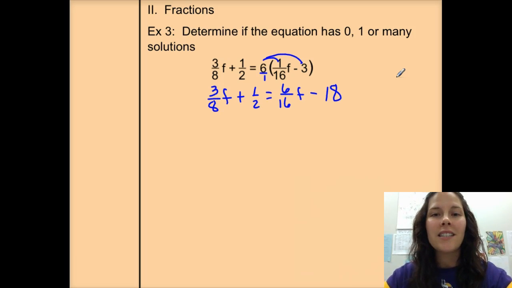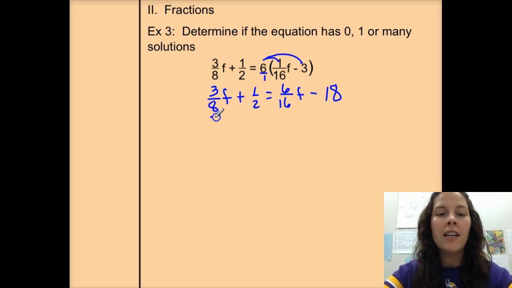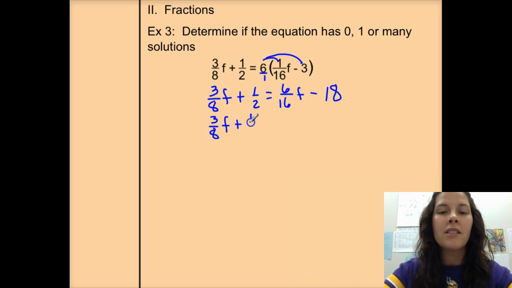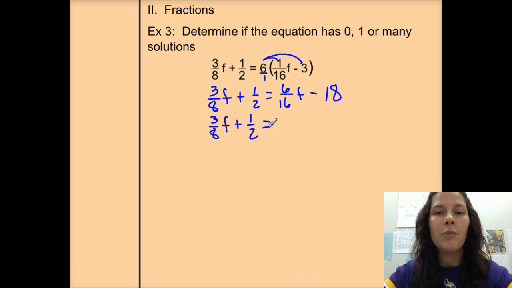Next, I know that 6/16 can be simplified, so I'm going to simplify that fraction before moving on, because the smaller the numbers in my denominator, the easier it will be to find that common denominator to cancel. 6 and 16 are both divisible by 2, so I get 3/8 f minus 18.